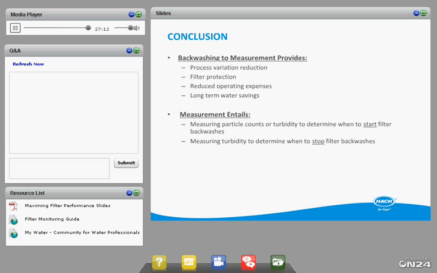And by using a Solitax to monitor your backwash, you can know when to stop a filter and make sure you're getting the most out of your backwash cycles. So measuring when to start and when to stop are both critical in terms of maximizing your filter performance.